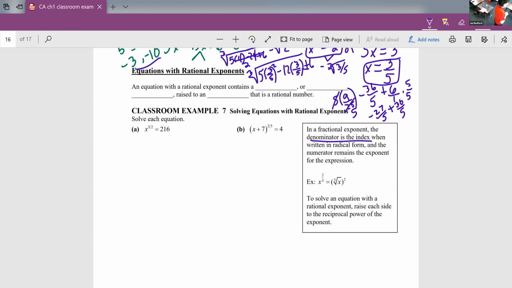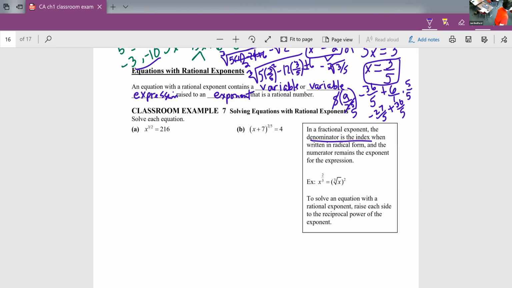So an equation with a rational exponent that contains a variable, in other words, it's not just a plain number raised to a fraction exponent, or a variable expression raised to an exponent that is a rational number.